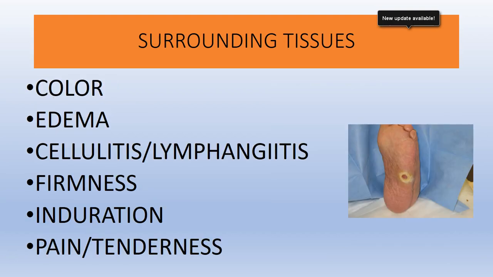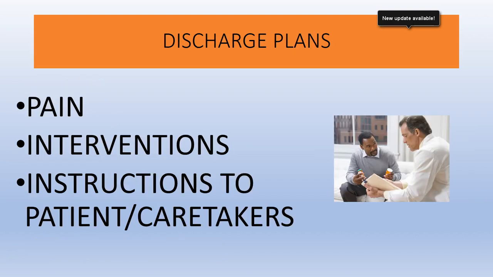It's important to document the appearance of the foot and tissues adjacent to the ulceration, and this would include the presence or absence of any discoloration or cellulitis or lymphangitic streaking, whether the tissues are indurated or firm, and the presence or absence of pain. We know that even in a neuropathic patient, pain can be present in a circumstance where infection is there.